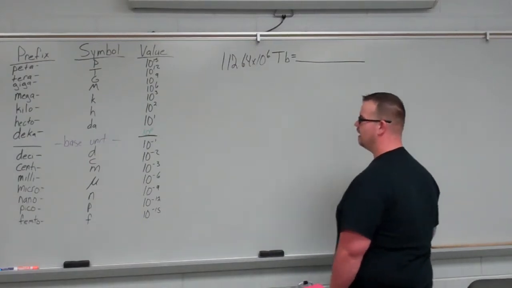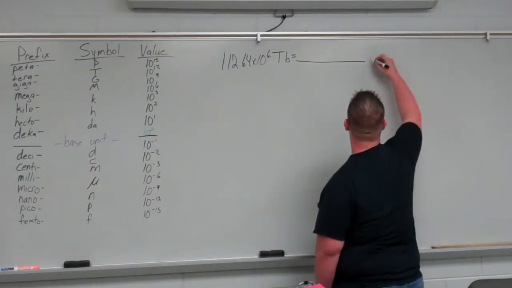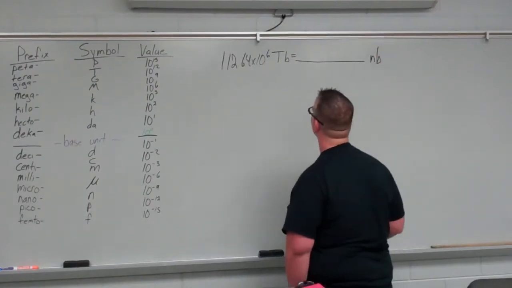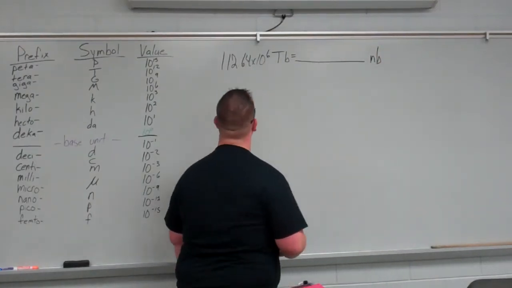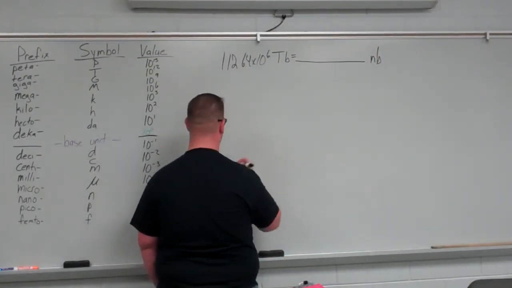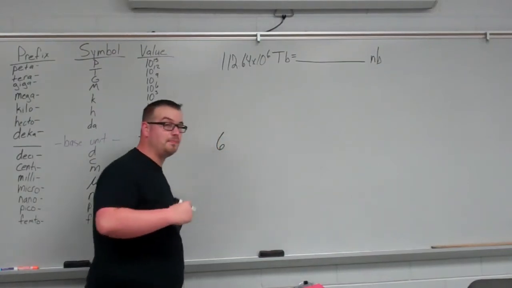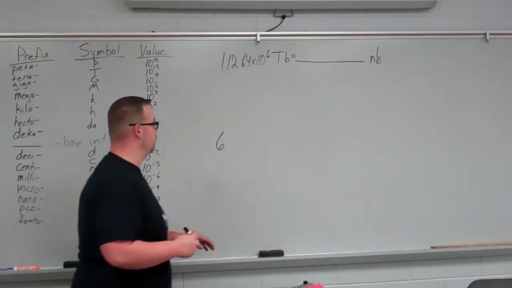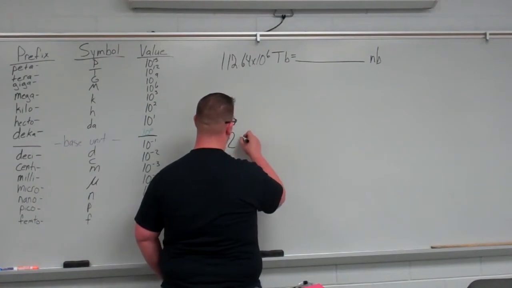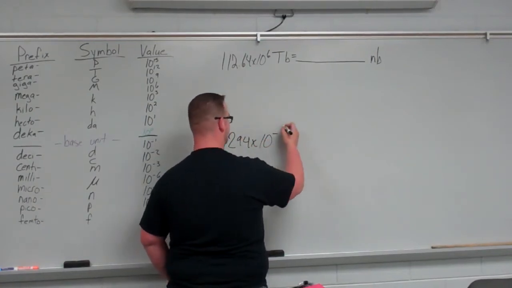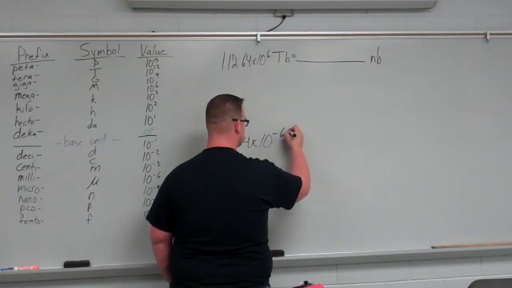Let's do nanobytes. And then let's do something else like that. It looks intimidating. I'm setting it up like this so it looks intimidating for you. 6.294 times 10 to the negative, let's do a big number, 64.